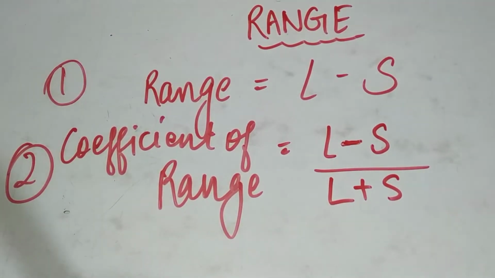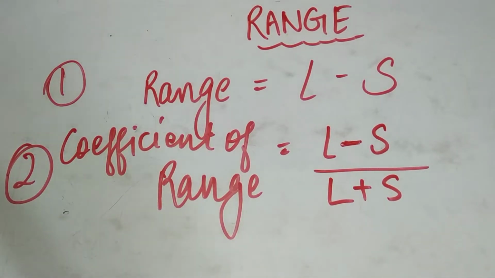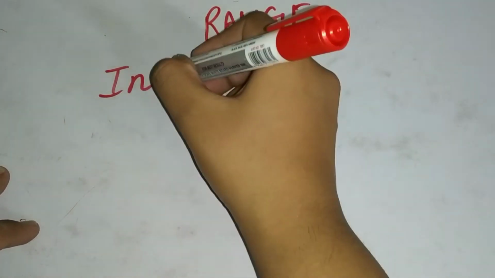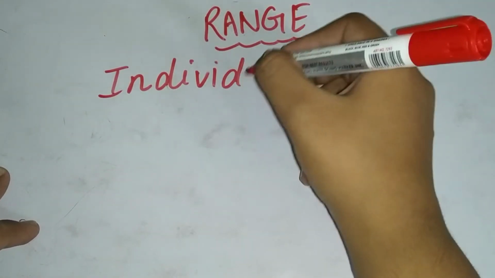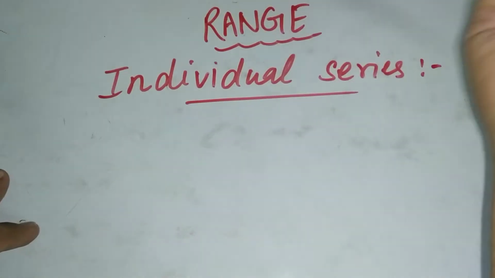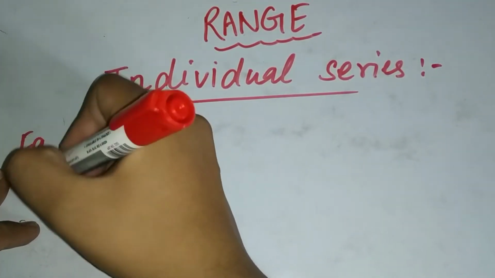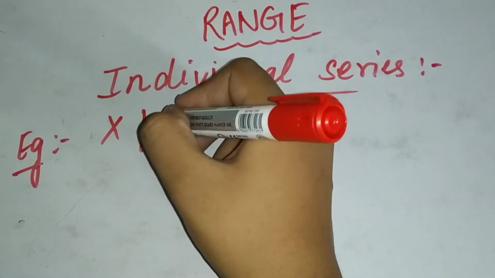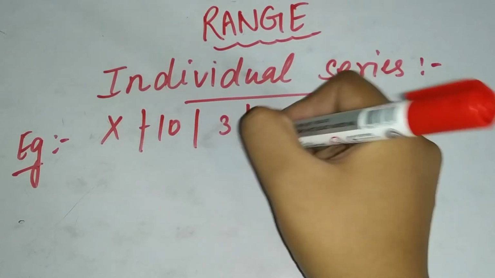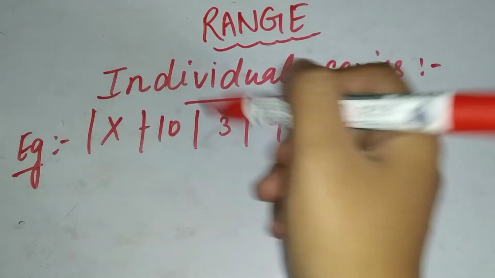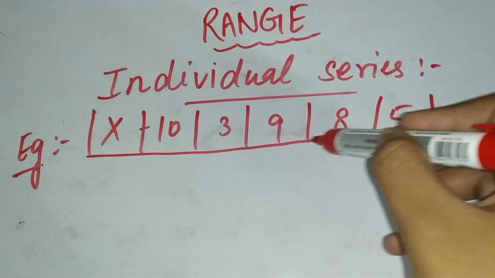Okay, let's begin with the numerical part. Firstly, take the case of individual series. The formula remains the same for all three types of series. Example: I am taking the values of x as 10, 3, 9, 8 and 5.